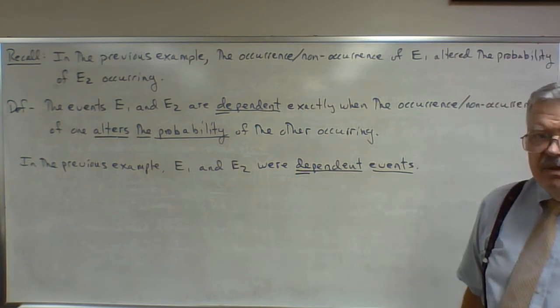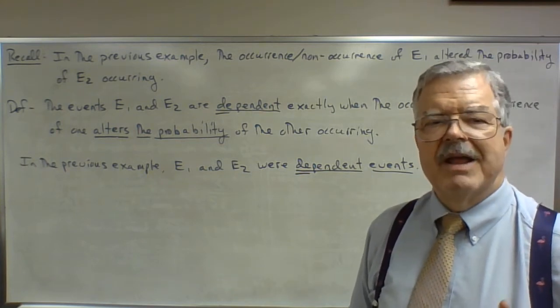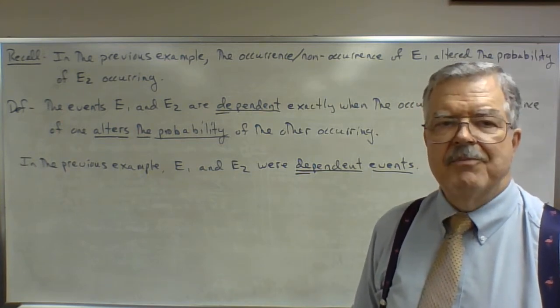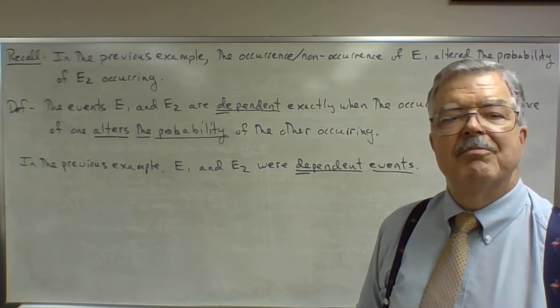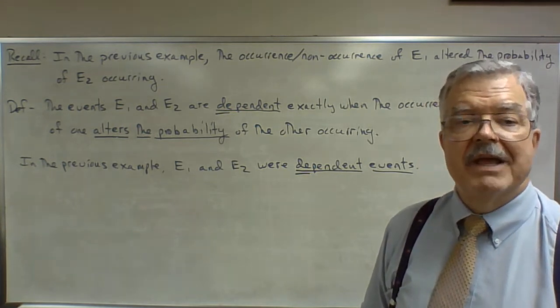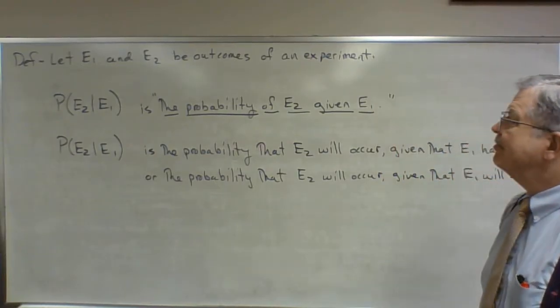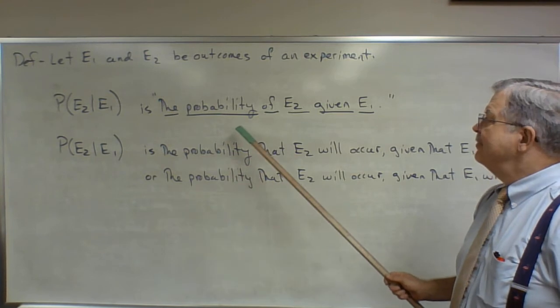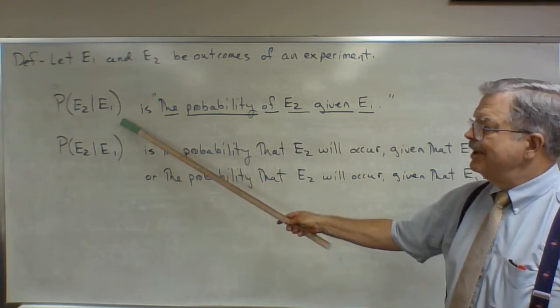I'm not going to derive it, but I'm going to write down some notation now that we can use when we're dealing with probabilities of dependent events. Here's the notation that I need to introduce.